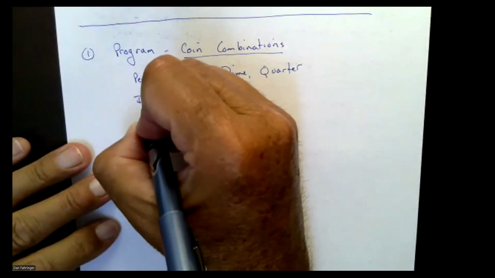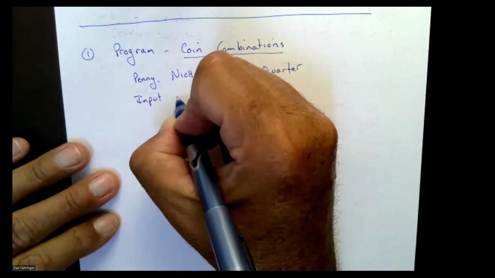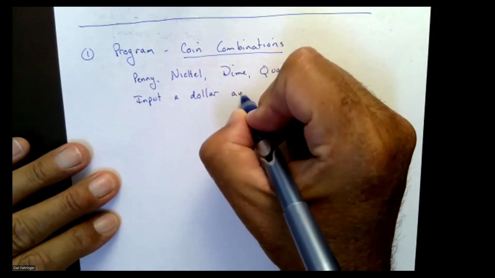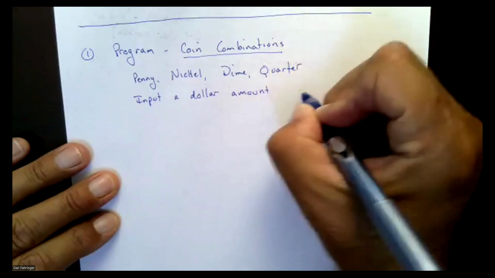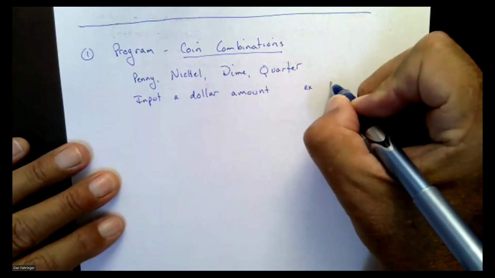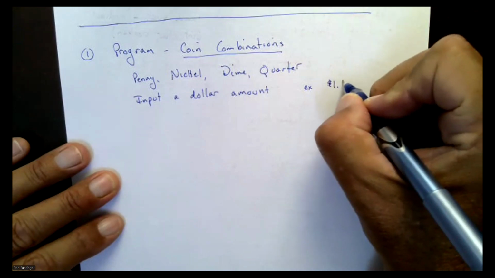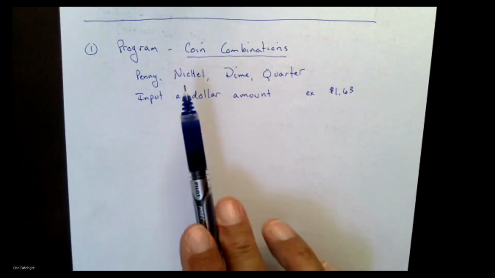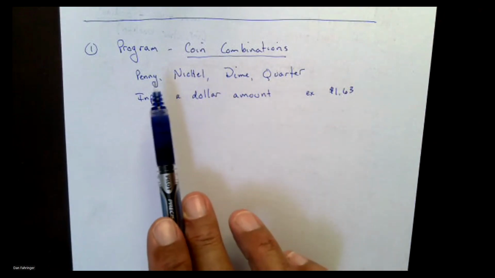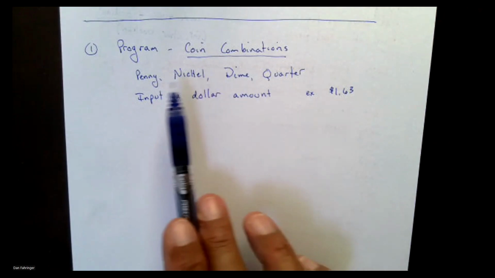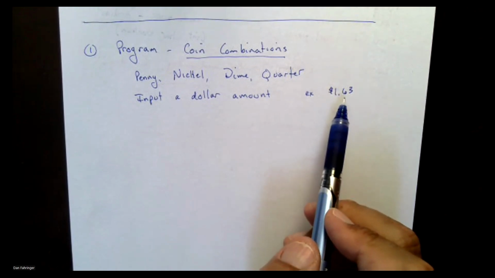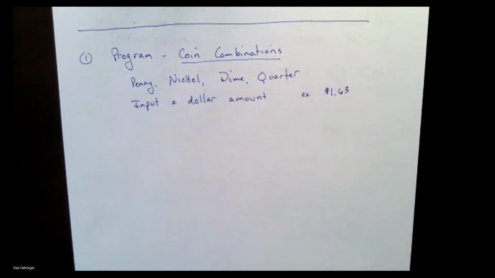Input a dollar amount. Example, $1.63. Tell me how many ways I can get $1.63 using these 4 coins.